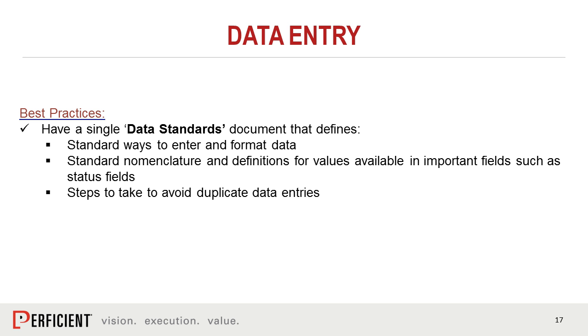Standard nomenclature and definitions for important fields such as protocol, site, and subject statuses should also be included to make sure everyone has the same understanding of those similar terms. And you should also outline the steps to take to avoid duplicate records.